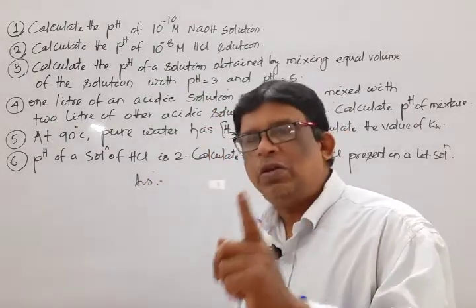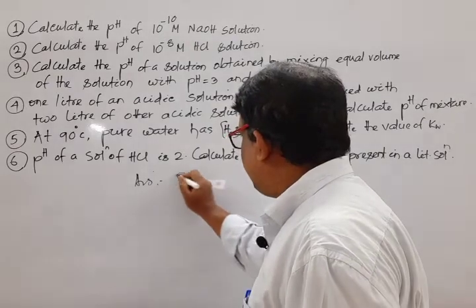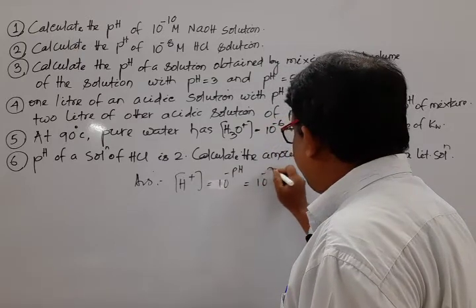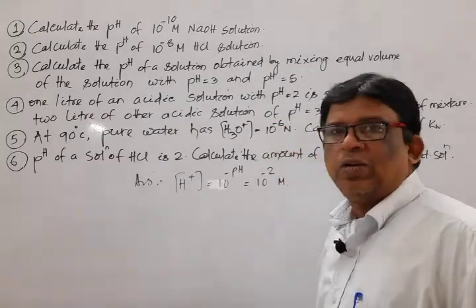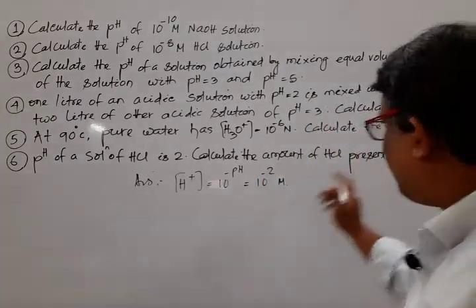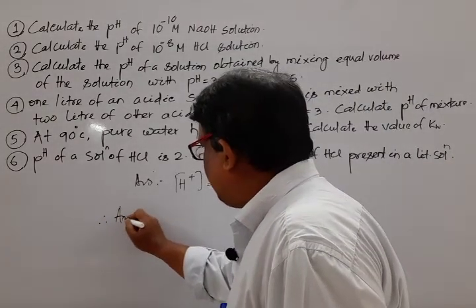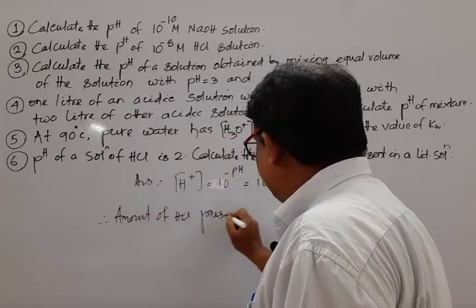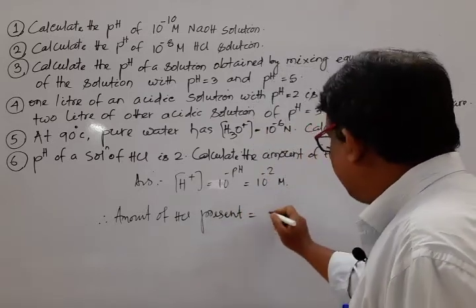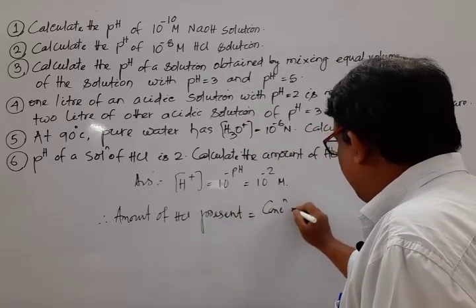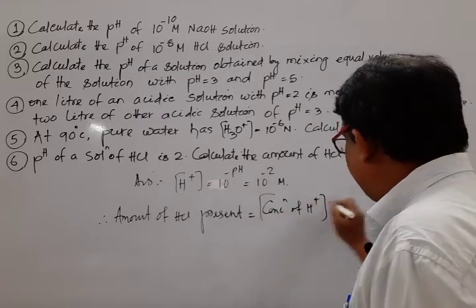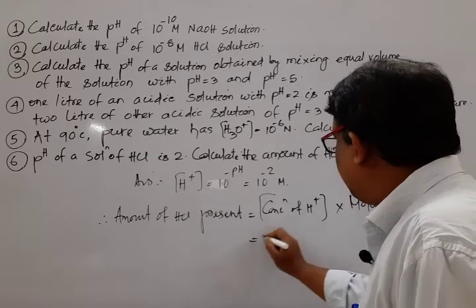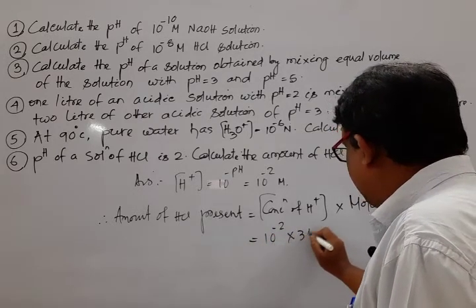If the pH of a solution is given, then the H plus ion concentration is equal to 10 to the power minus pH, that is 10 to the power minus 2 M. If the H plus ion concentration is given, and the question asks to calculate the amount present, how do we calculate? Amount of HCl present is the concentration of H plus ion into molar mass, which is 10 to the power minus 2 into 36.5.